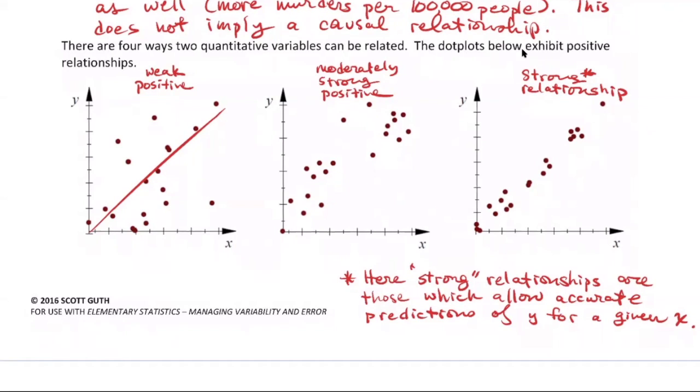So with the strong one, if you give me an x here, I can go up to the curve here and predict a y value real close to these other ones, and it'll be pretty precise. With the weak relationship, if you give me an x, I'd go up and it's like, what should I predict for y? There's a whole bunch of them.